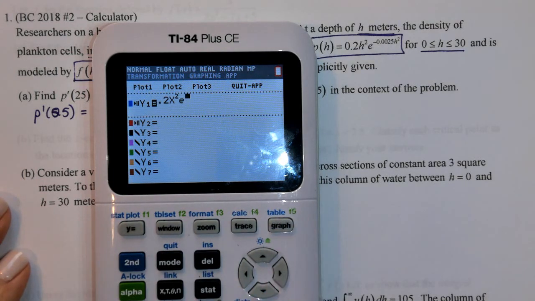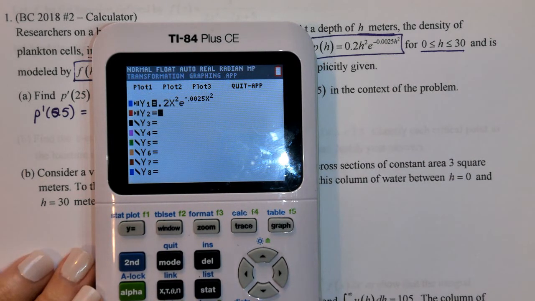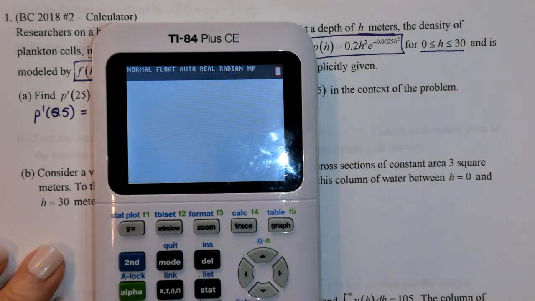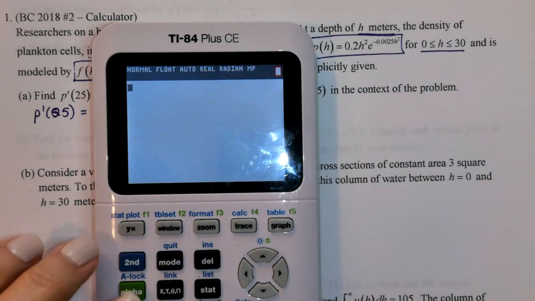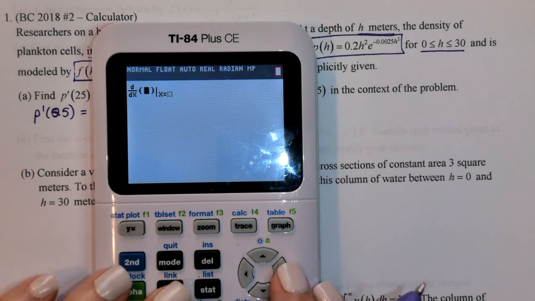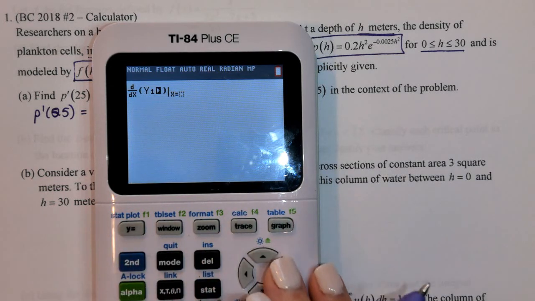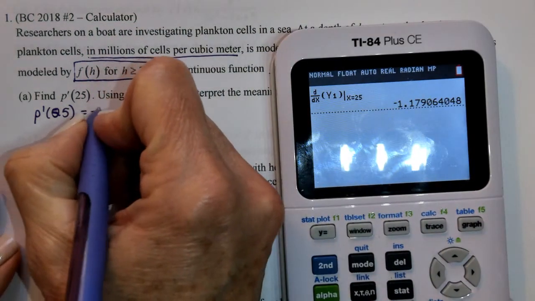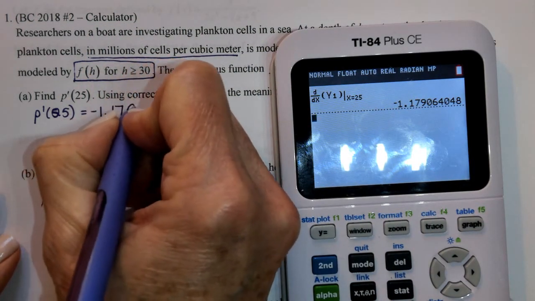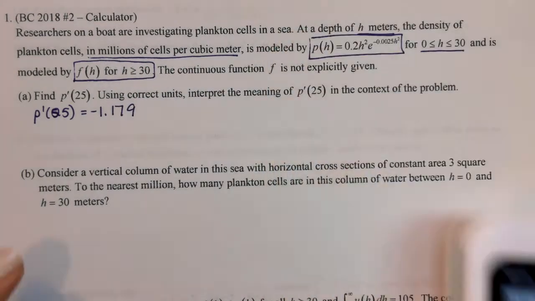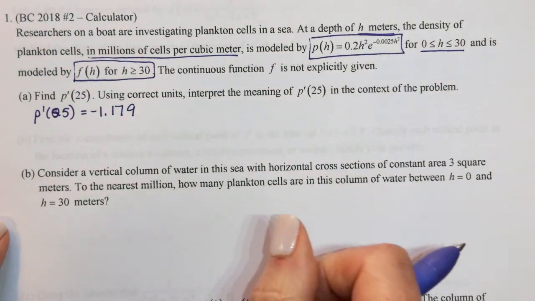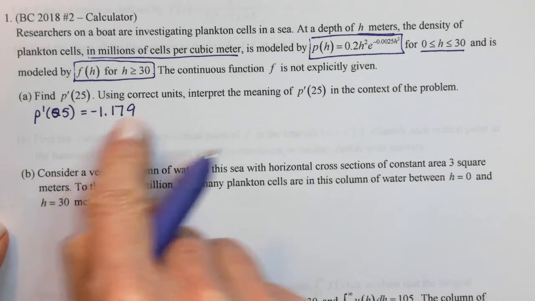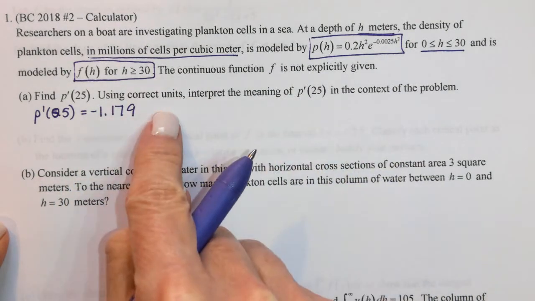And then, negative 0.0025 h squared. Okay, there we go. So home screen, I want P prime, so math 8 with respect to X of my Y1 at 25, and I get that number. So that's my P prime at 25. I don't have to give units for it, but I will have to use correct units in my interpretation.